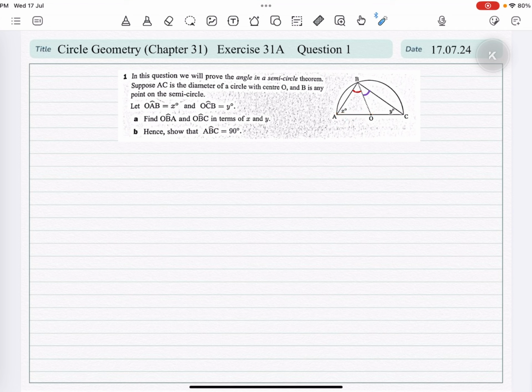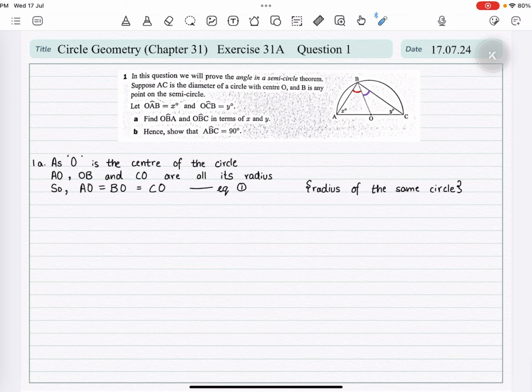So we'll start the question by saying that as the center of the circle is the point O, AO, BO, and CO are all radii. So AO is equal to BO is equal to CO, because the radii of the circle are equal to each other.